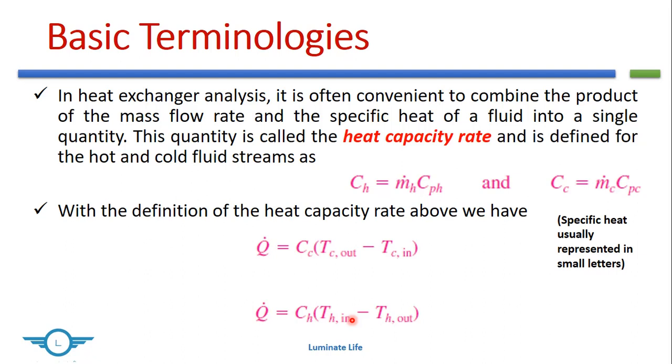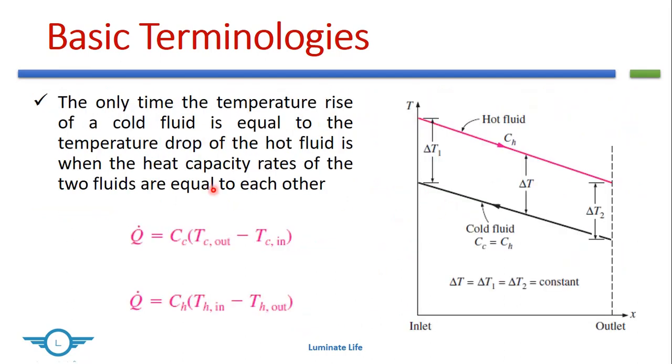Now by the first law, these two heat transfer rates are equal, but for the temperature rise and temperature fall. That is, the hot fluid will experience a temperature fall, whereas the cold fluid will experience a temperature rise.